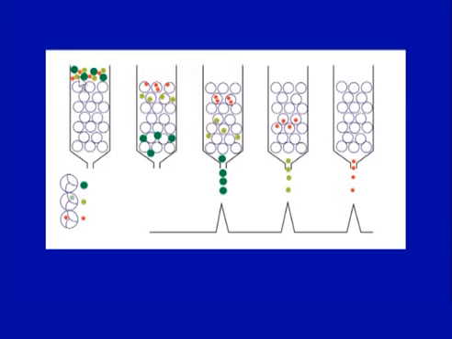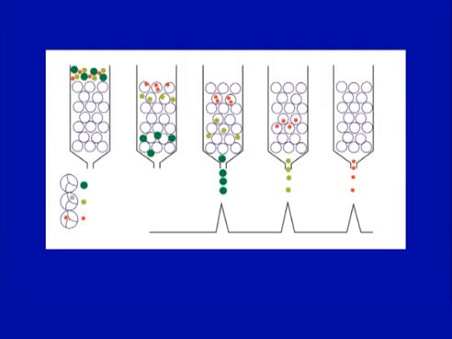They start as a single entity when you load the column, and as they move, if you have a smaller column, the separation will not be complete, and you can have overlapping peaks. So, with a long and narrow bore column, to avoid diffusion, better separations can be achieved in gel filtration chromatography.